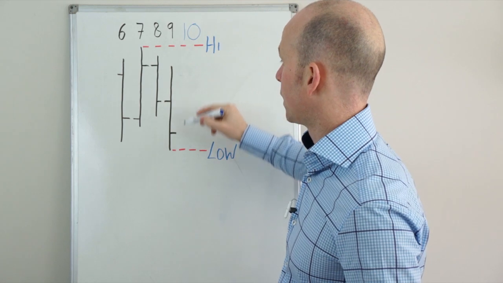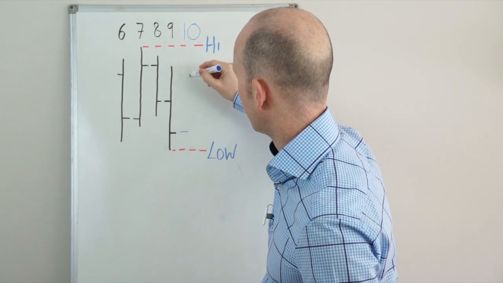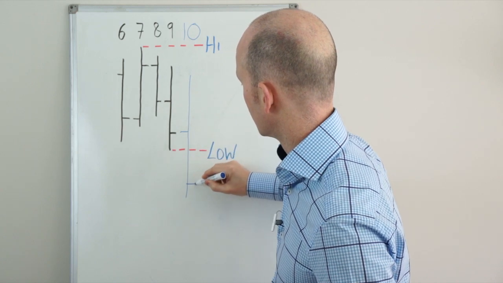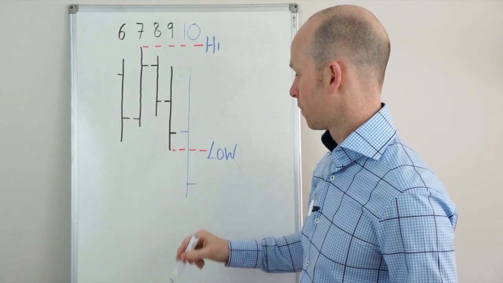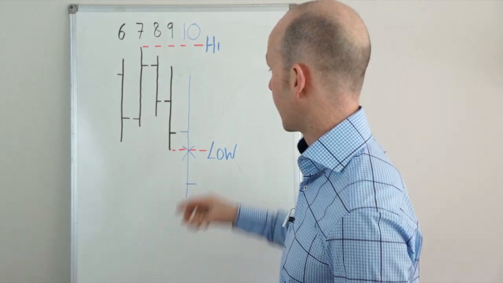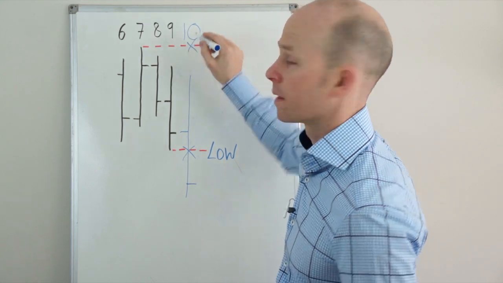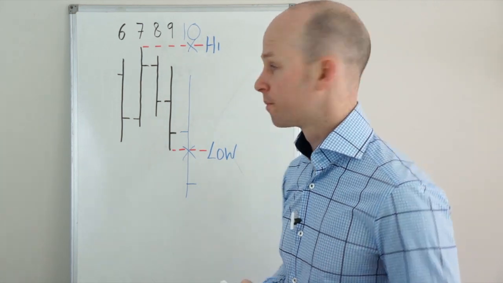So on this bar here, if this bar, when it paints, breaks below the low, then there's our entry. Okay, and if it had broken above this high here, that would have been our entry to go long.